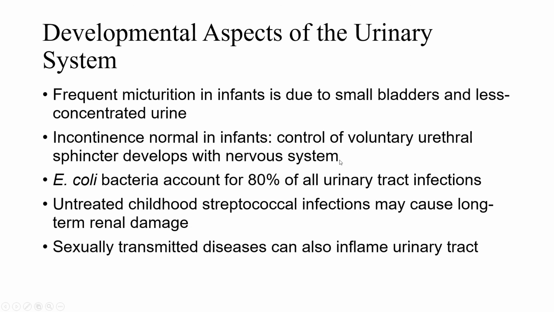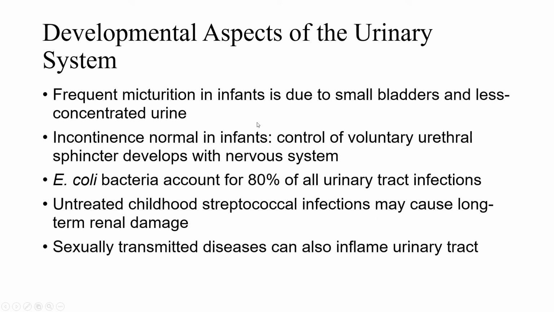And so when you look at the frequency of micturition, the process of urination, in infants, this is due to a small bladder and less concentrated urine. So it's not as concentrated as you'll see in older people, because infants drink a lot of fluids. Incontinence is normal for infants, so voluntary control of the urethral sphincter develops with the nervous system.